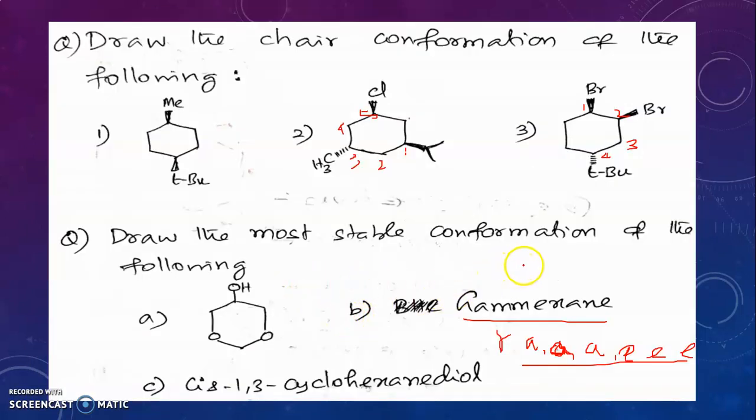So in gamexene, I will draw the chair form. Place the first chlorine in axial, the second chlorine also in axial, and the third chlorine also in axial. Then keep the fourth chlorine equatorial, the fifth chlorine also equatorial, and the sixth chlorine also equatorial.